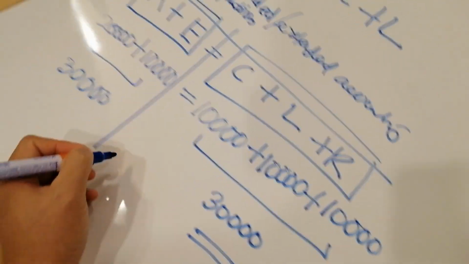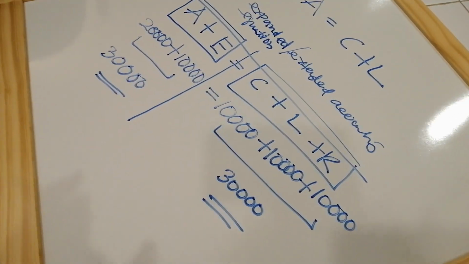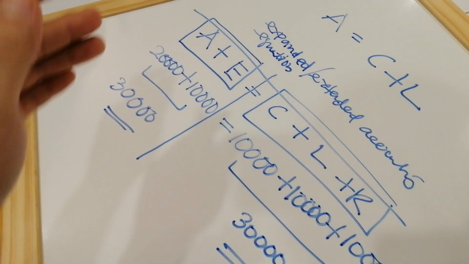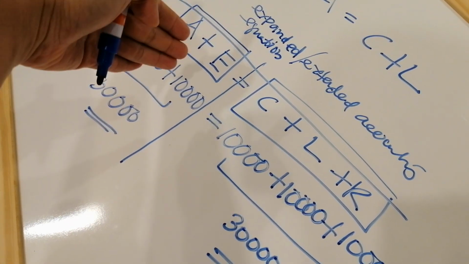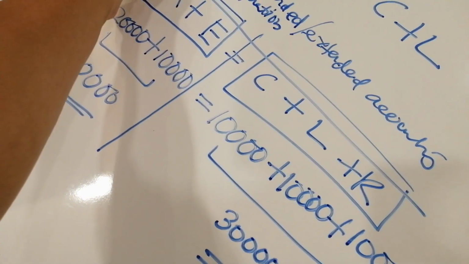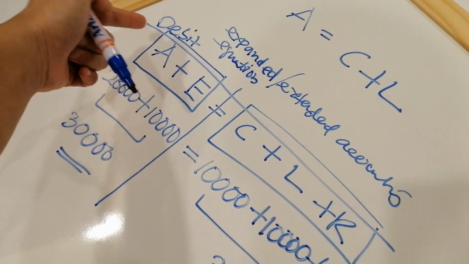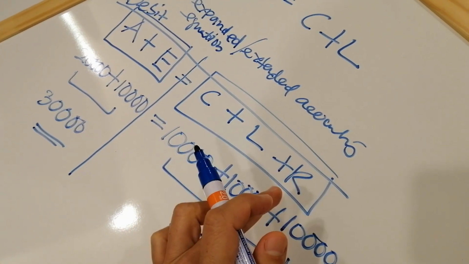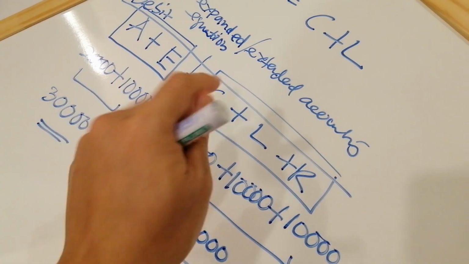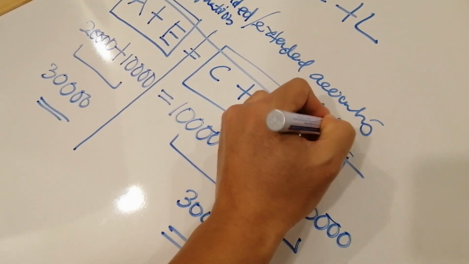Then your account is balanced. That's the meaning of why the account must balance. Okay. So whatever item for asset, item for expenses must be on the left side. The left side in accounting is under debit. So capital, liabilities, revenue, any items C, L and R are under credit.